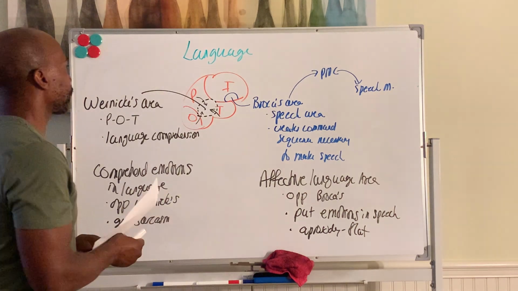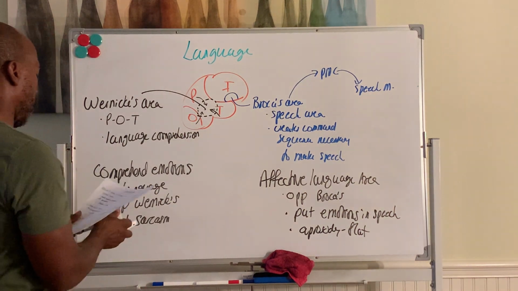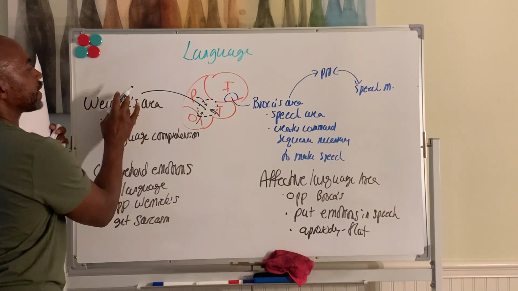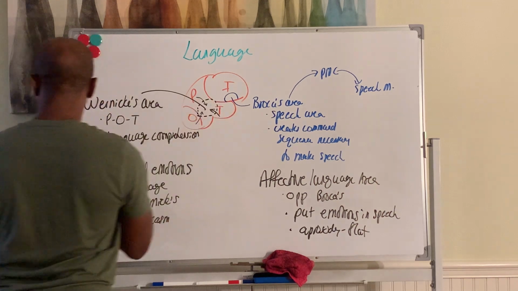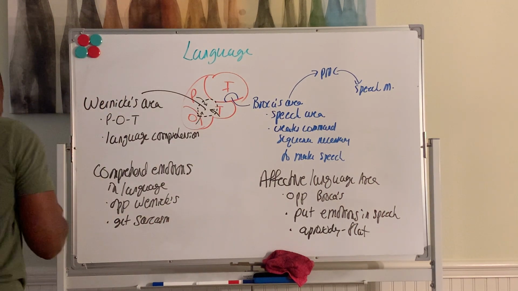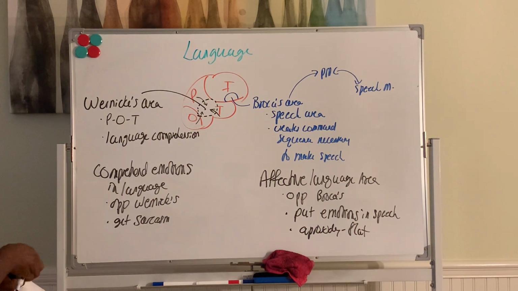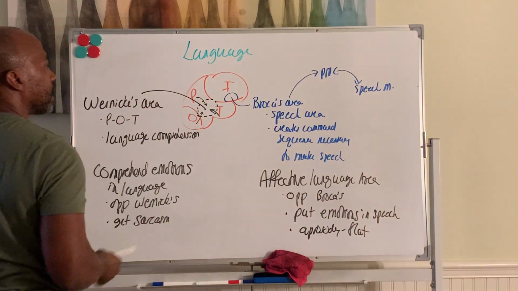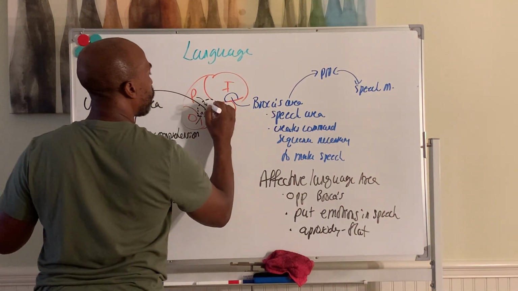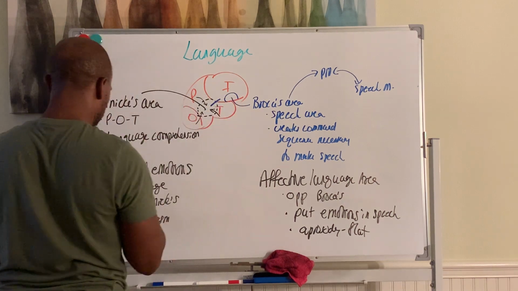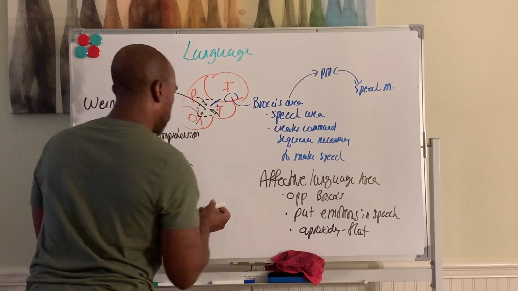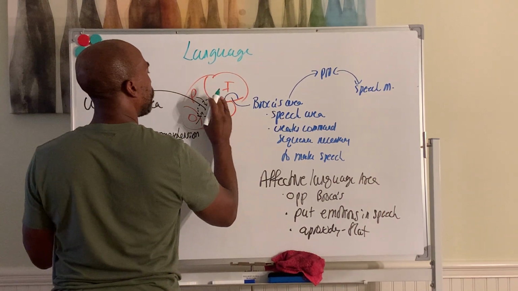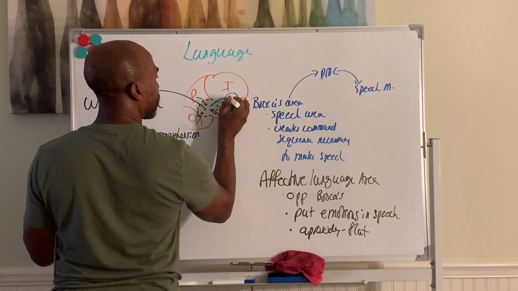Then you have, between Wernicke's and Broca's, axons that must travel from one area to the next. I'm trying to find a good marker here, a different color. So let's look for green. So axons must go from here, Wernicke's, it's blue, great, over to Broca's.